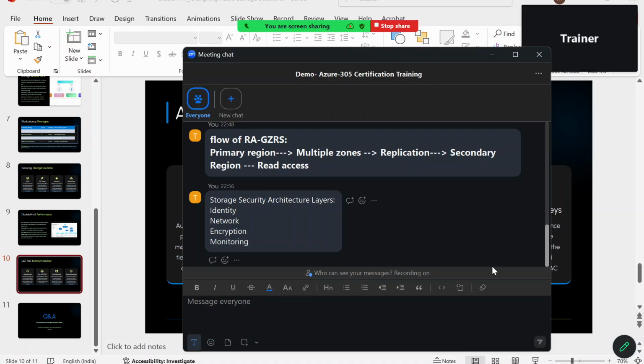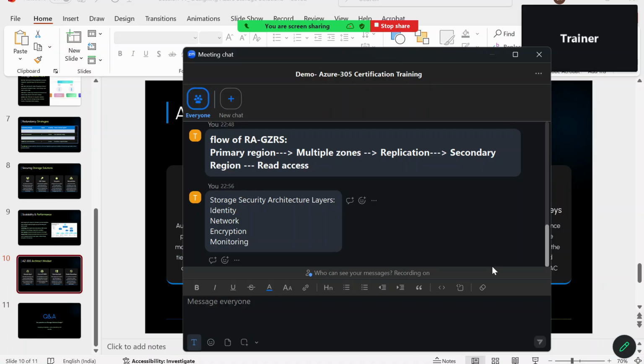Okay, so I have a question. Suppose a financial institution requires regional DR and secondary read access. Which redundancy model is most appropriate?